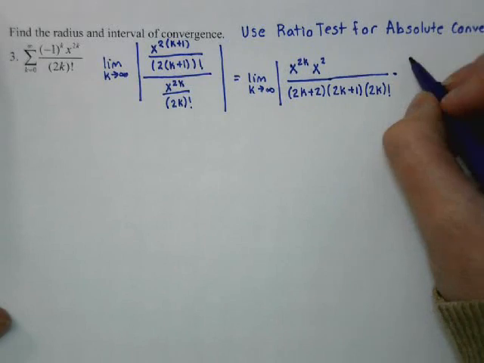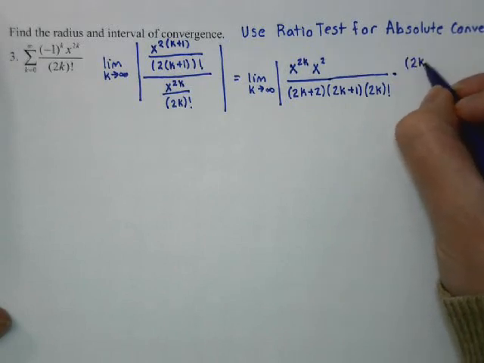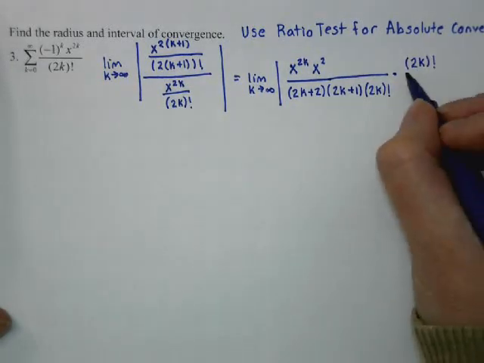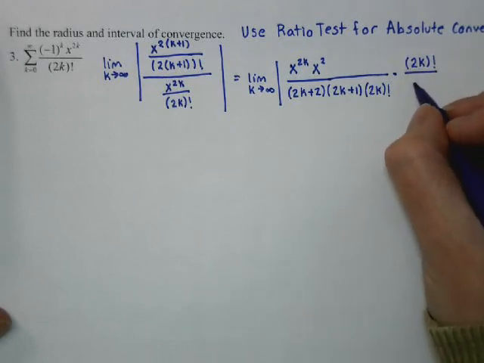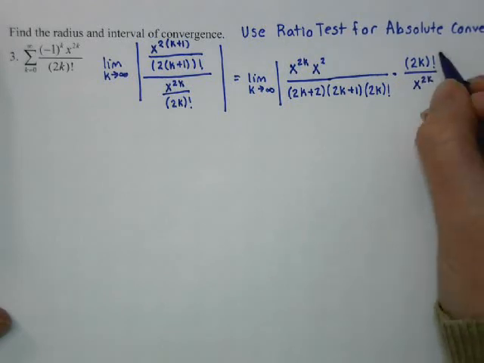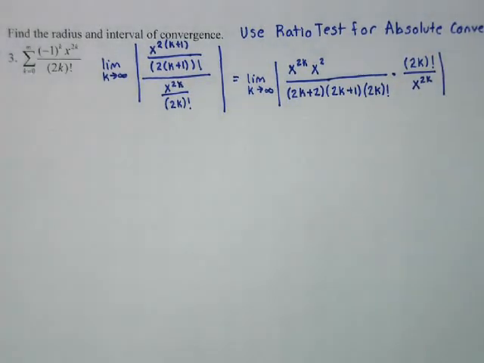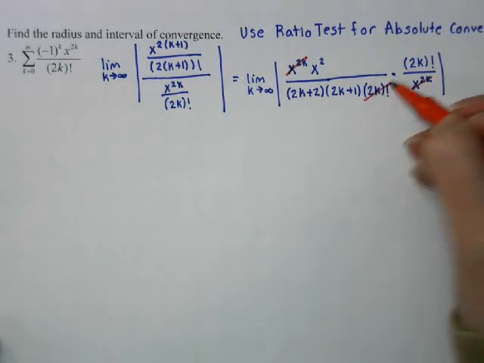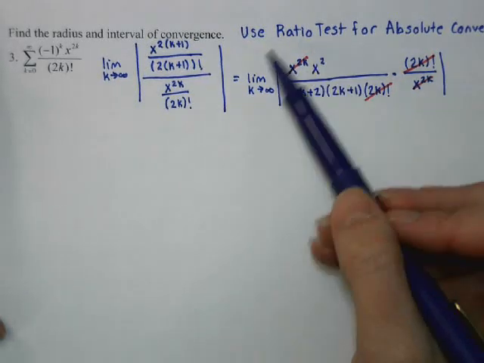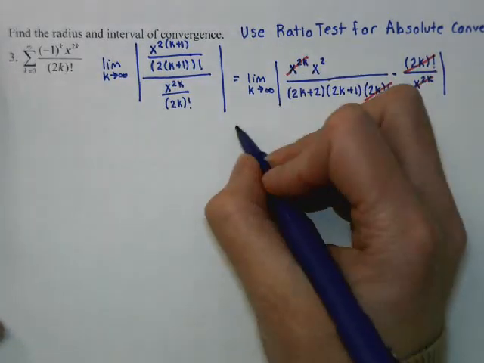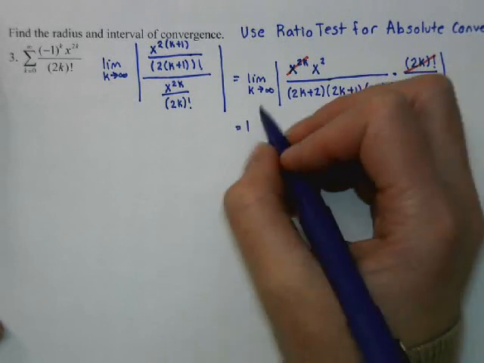I went all the way down to there because then that's going to cancel with the 2k factorial. And then we get to cross off a bunch of stuff. So x to the 2k goes away. The 2k factorial goes away. At this point, I'm going to pull the x out of the absolute value because the limit is involving the k.